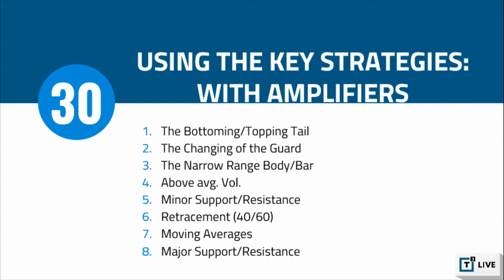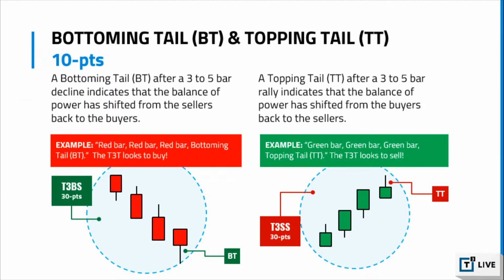Okay, before continuing, so what's a bottoming tail? And a topping tail. We're interested in bottoming tails only if they happen on a buy setup, only if they happen after 3 or more red bars in a row. And a bottoming tail has to be a bar where at least 50% of the bar is made up of tail.